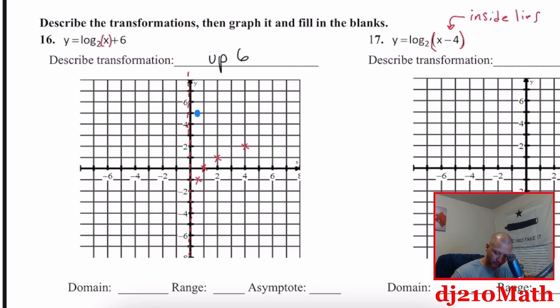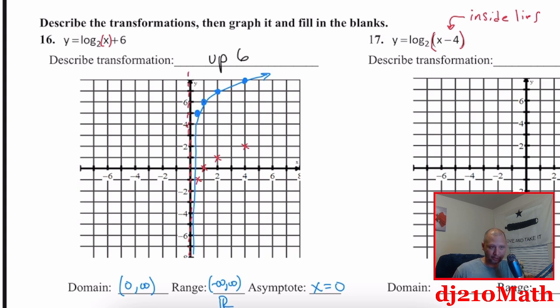So there's 1, 2, 3, 4, and there's the graph. Domain from the asymptote towards infinity. The range is always negative infinity to infinity, all real numbers. And the asymptote, x equals 0. It didn't move, right? It didn't move.